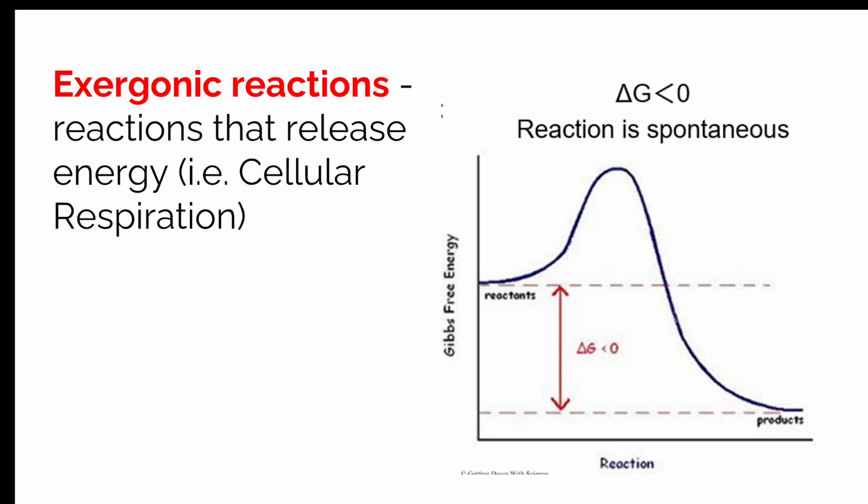Well, you need to input some energy. So if we're talking about the innards of an internal combustion engine of a car, you can't just pour gasoline into the engine and expect it to ignite on its own. You have things called spark plugs, and the spark plugs will actually provide just a little bit of energy, enough energy to spark, provide electricity that will spark the fumes of the gas, ignite it, and cause the whole reaction to take place. So that's just another example of an exergonic reaction.